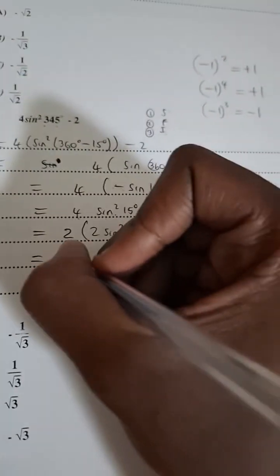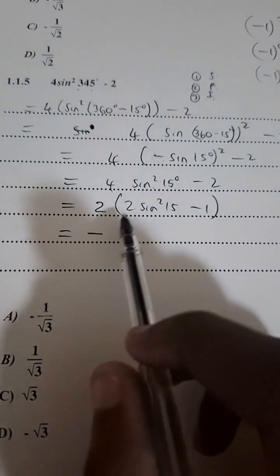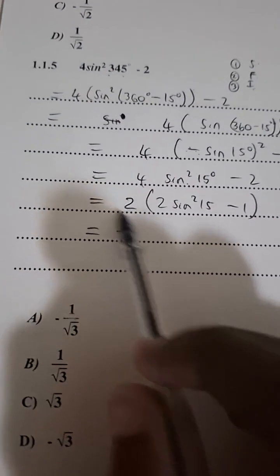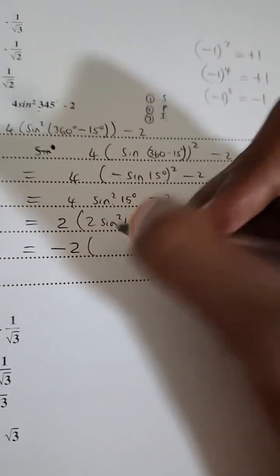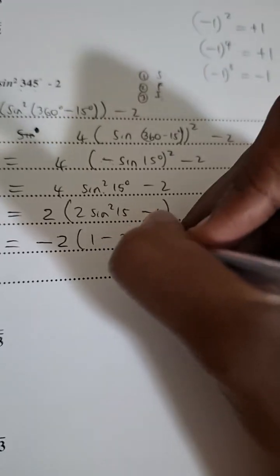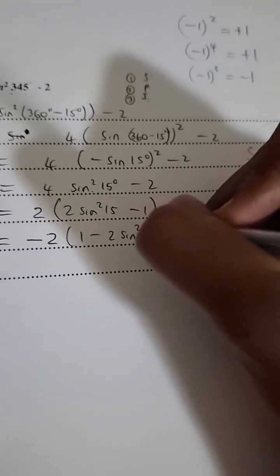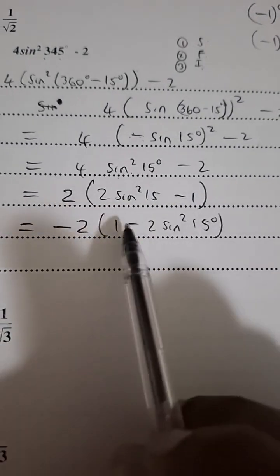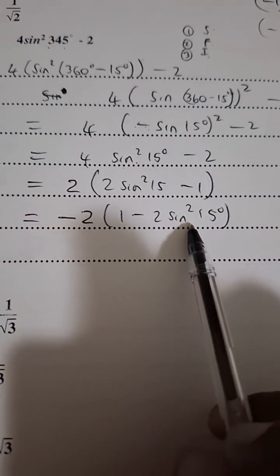We use the factorization strategy called the sign change rule. I'm going to take out a negative sign for the entire bracket. Remember, if I take out this negative sign, it gets multiplied with the 2. The 2 becomes negative. Then it allows me to change the order of 2 sine squared 15 minus 1 to 1 minus 2 sine squared 15.